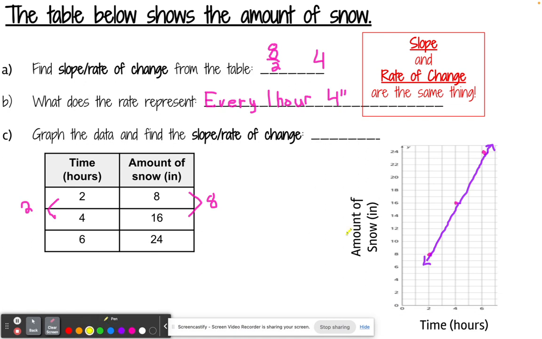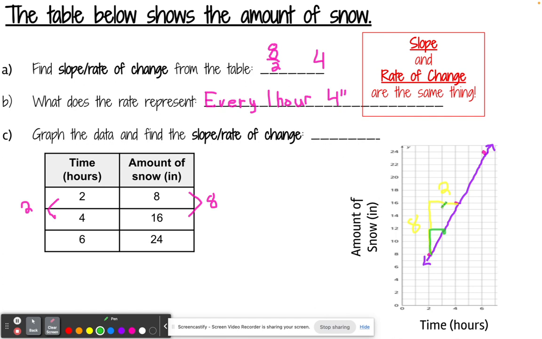So let's look at my slope here. I am going up 8 and over 2. There's my 8 over 2. I'm going to change colors and do something else. Because when I simplified it, it said 4 over 1, which means I should also be able to go up 4 over 1, and it's on my line.